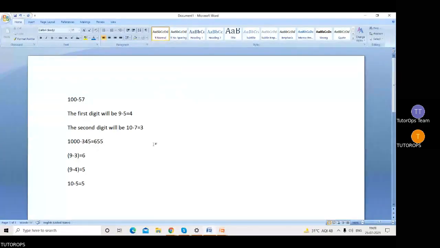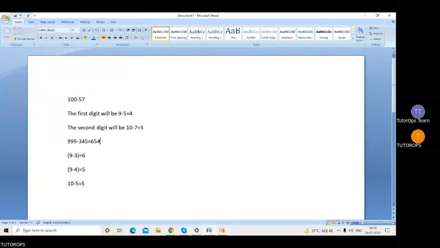But there is a big problem with it: without the 100,000, 10,000 and numbers like that, the method may not work properly. Say, if we just take 999 instead of 1000, what will be your answer? That will be 654.